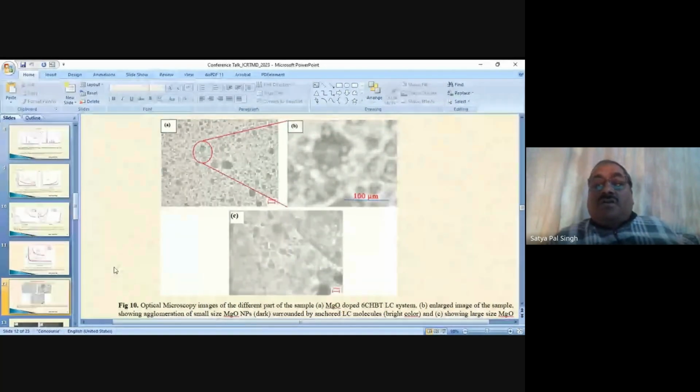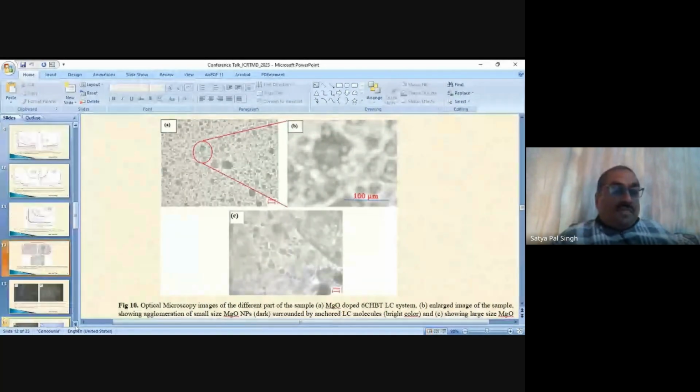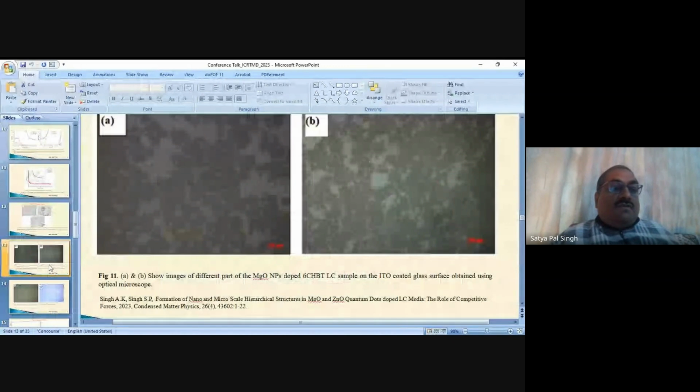This is what we have confirmed in the case of MgO nanoparticle dopes on ITO coated glass. When we use ITO coated glass, you don't see any special structure.